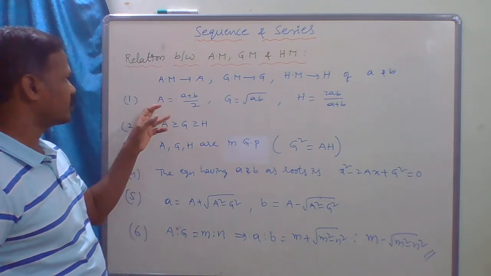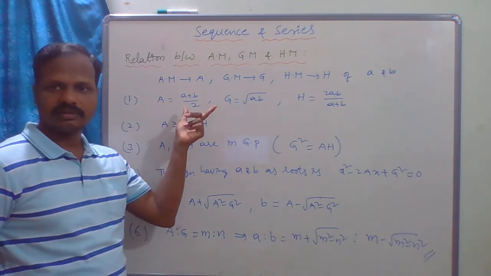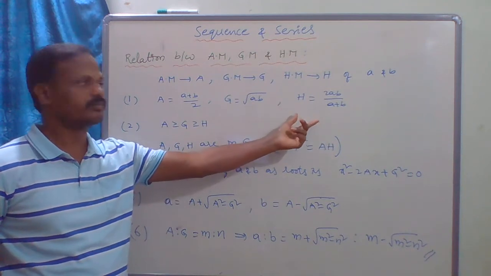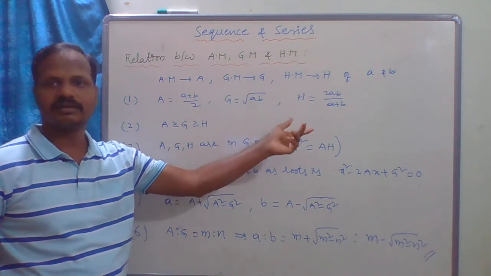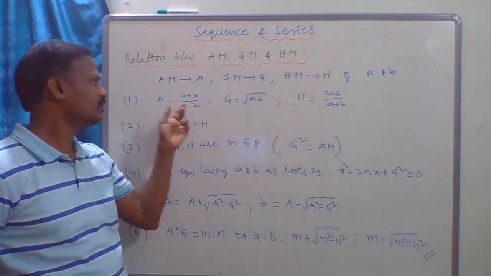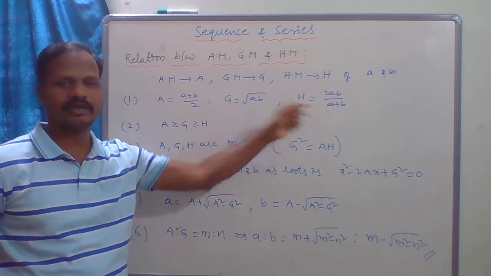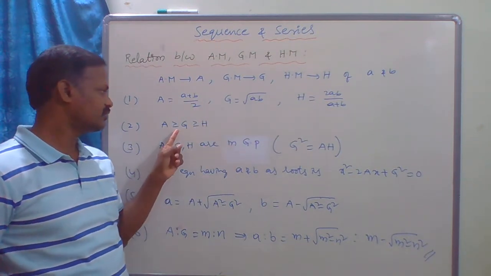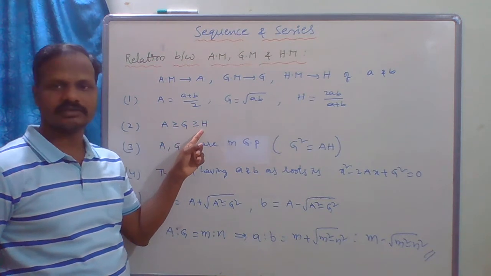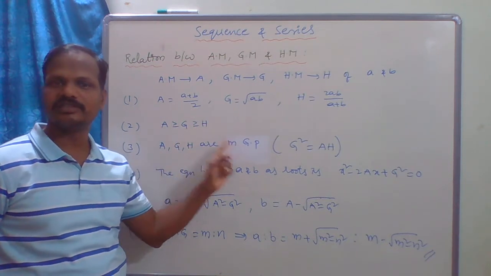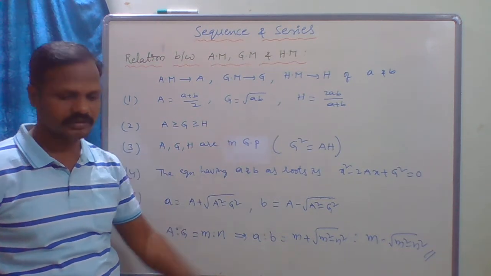The first point is the AM, GM and HM of a and b: a plus b by 2, root ab, 2ab by a plus b. A is greater than or equal to G greater than or equal to H, and A, G, H are in GP, that is G square equals AH.